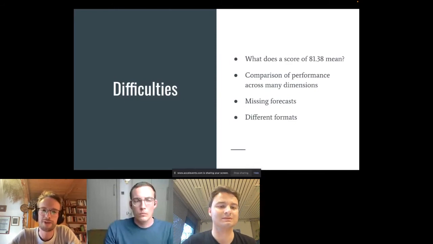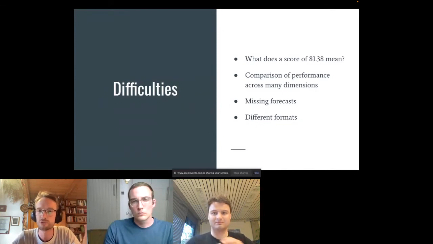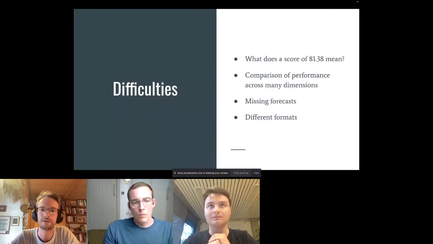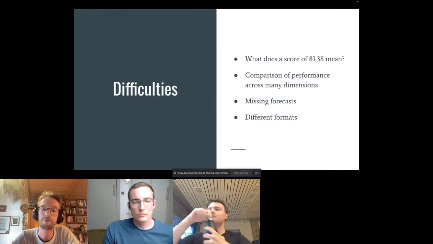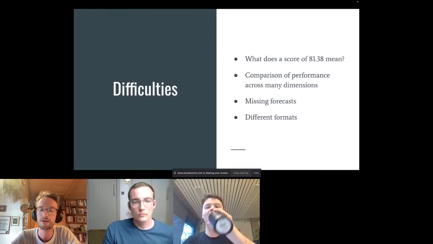In principle, forecast evaluation is very straightforward. There are scores that you can compute, and then good models have a good score and bad models have a bad score. But in practice, it's a bit more complicated because scores are hard to interpret in absolute values. And usually, if you have forecasts, it's hard to compare them because you have lots of dimensions.